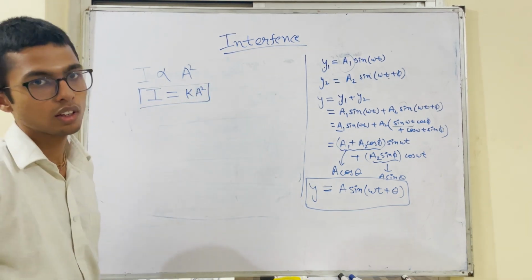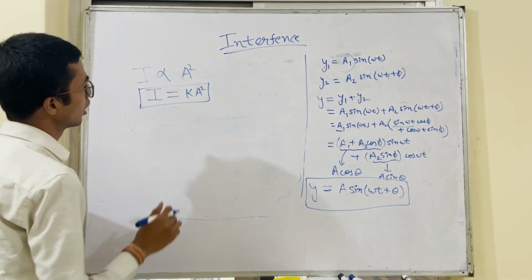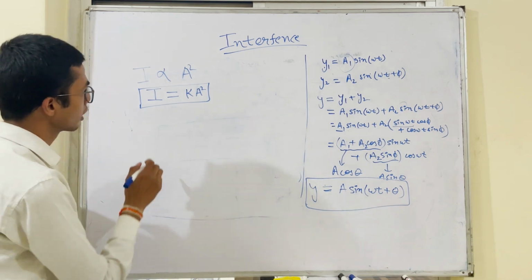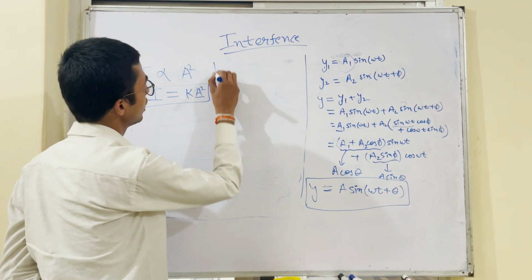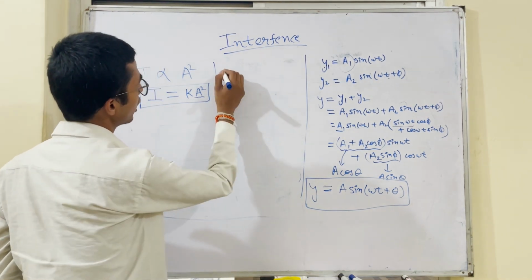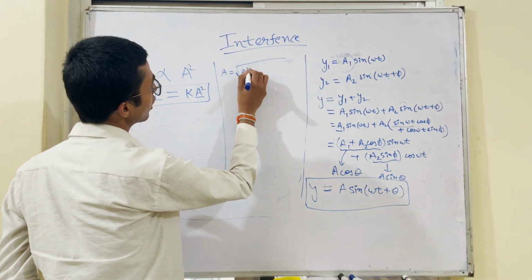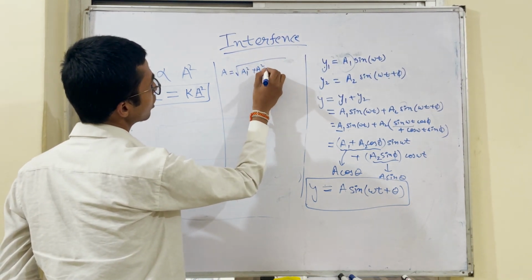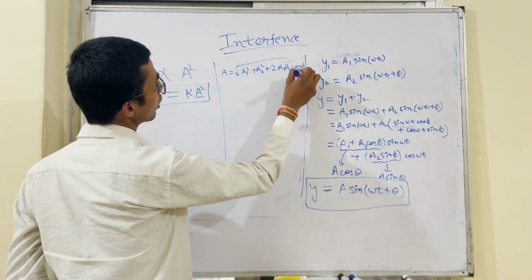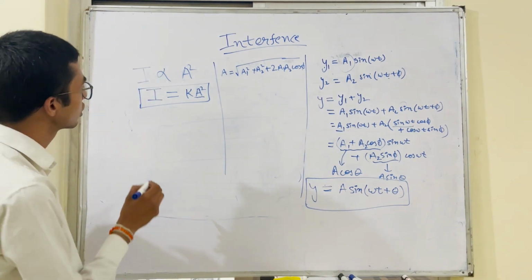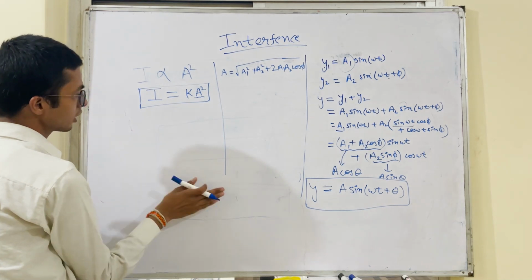Correct? So from the previous equation, my A came as root over a1 square plus a2 square plus 2 a1 a2 cos phi.